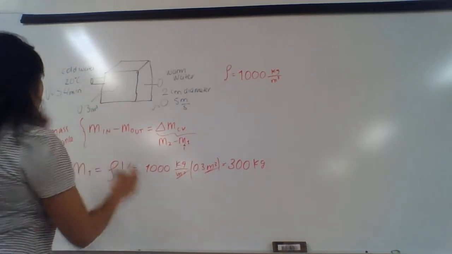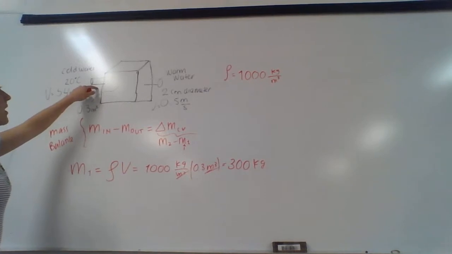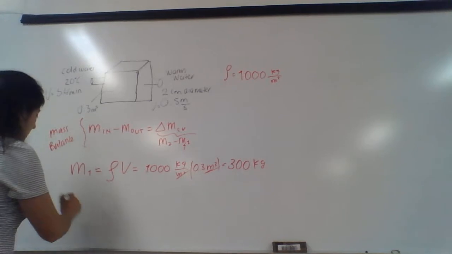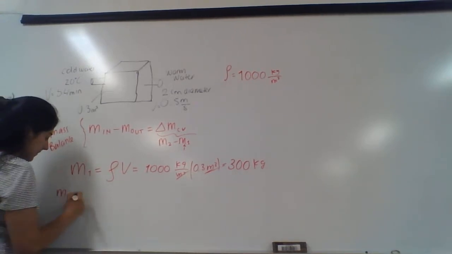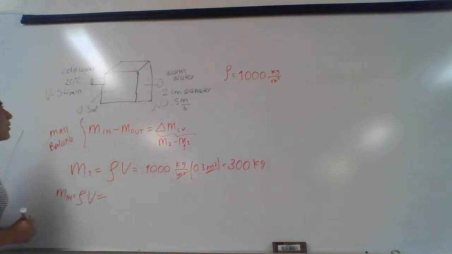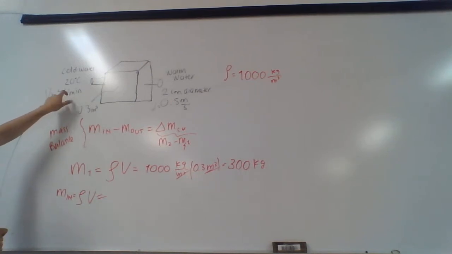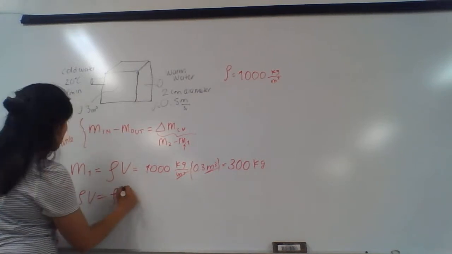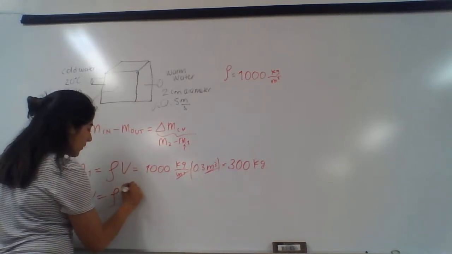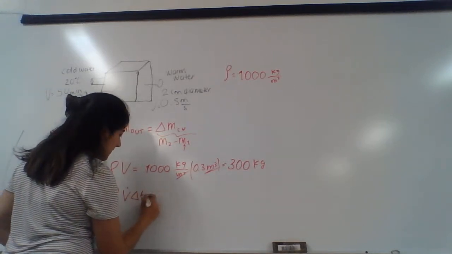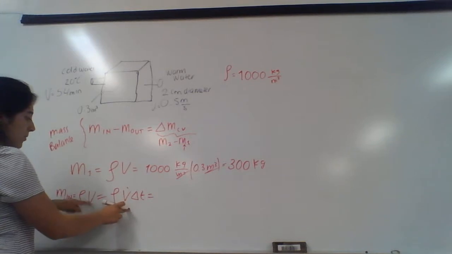We can calculate the mass that is going in and the mass that is going out. So for the mass that is going in, the mass equals the density times the volume. But because we have the volume flow rate, that is 5 liters per minute, we can obtain this other formula, that is the density times the volume flow rate times the difference in time, which gives the volume.